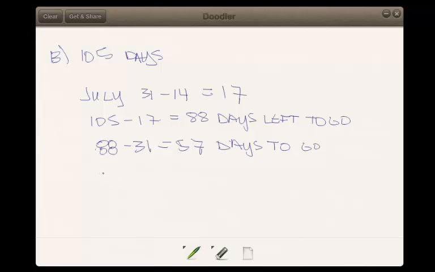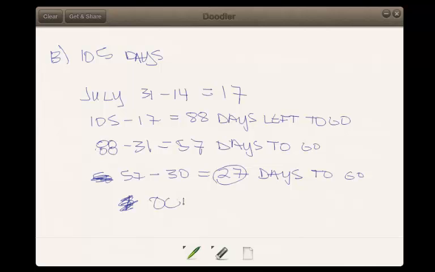So after September, we have 57 minus 30 days equals 27 days to go. Okay, so October has 31 days. Since we only have 27 days left to go, we don't go to the end of October, and in fact that means our maturity date is October, sorry, I made an error there, October 27th.